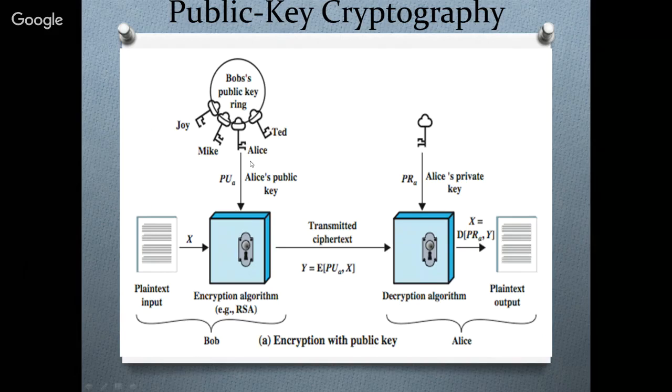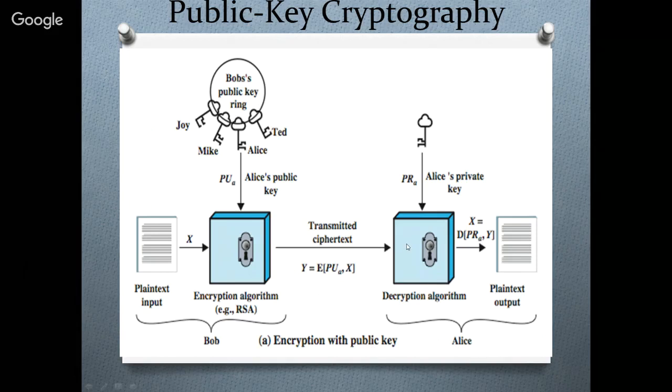The public key will be known to everyone, such that whoever wants to have transactions can use it. In this example, as we are transmitting to Alice, Alice's public key will be taken and used for encryption. The ciphertext will be transmitted to the destination.